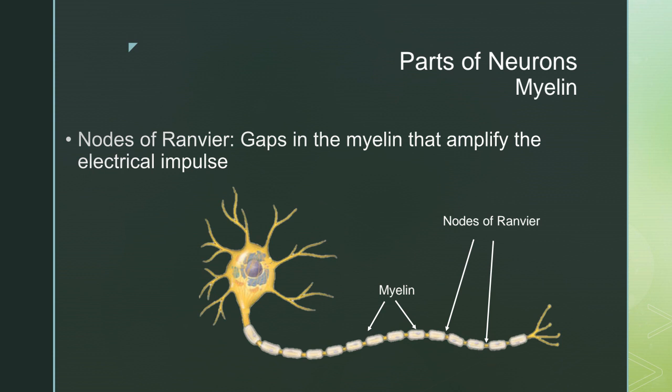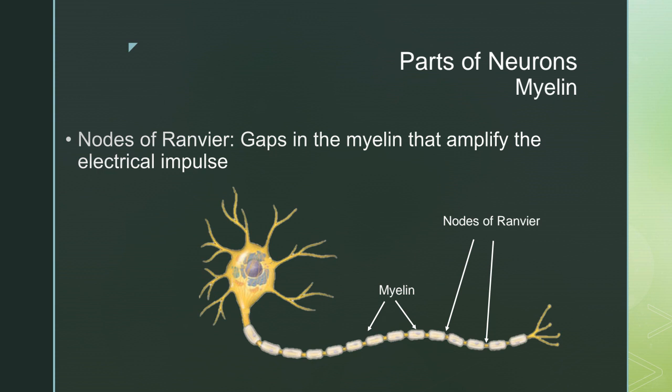So these gaps also work to improve conduction, essentially amplifying the electrical signal and making those signals faster because the signal can jump from gap to gap to gap to gap. And this is faster because they can jump from gap to gap instead of traveling the length of the axon.